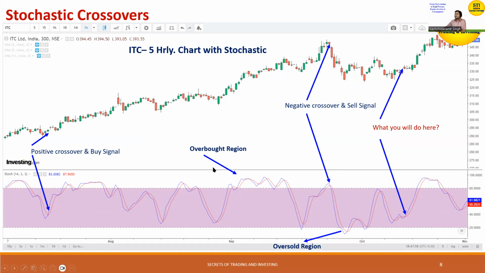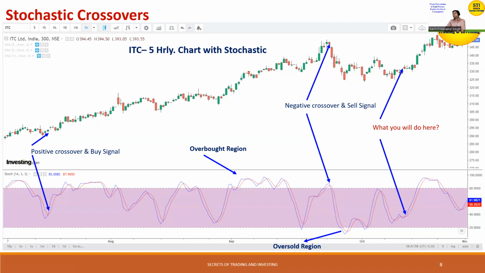Just a few additional concepts within the stochastic. If, for a comparatively longer period of time, the stochastic remains above 80, that area is called the overbought region. Conceptually, but in a practical way, there is nothing called overbought, since wherever a trade is happening, the number of bought shares is equivalent to the number of sold shares.